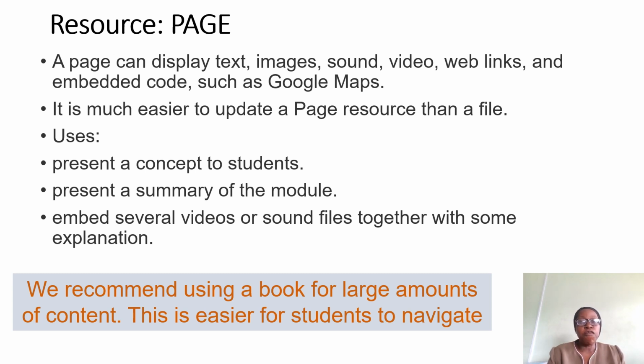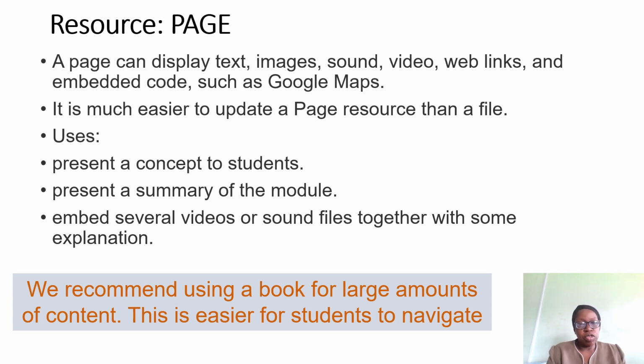A book is more voluminous with several chapters. A page is just addressing one particular topic, but you are using various illustrations to address that topic. Images, text, sound files, video files, web links, and so on.